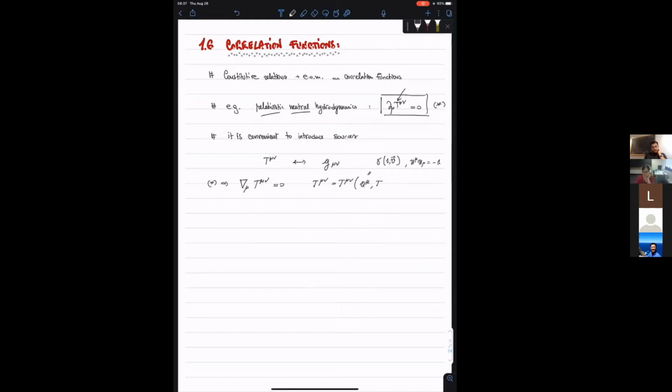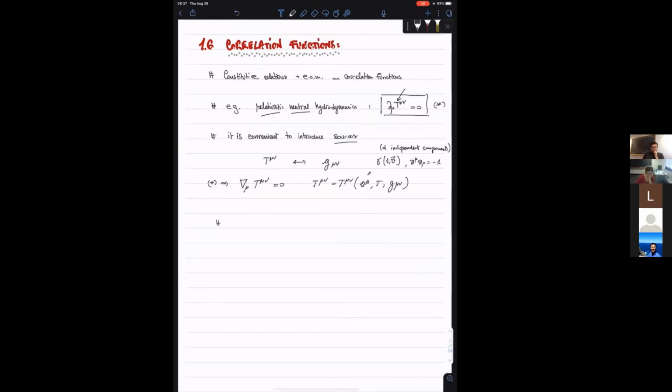So it still has d independent components, where d is the number of spatial dimensions. And in the presence of sources, this quantity will also depend on the sources explicitly.